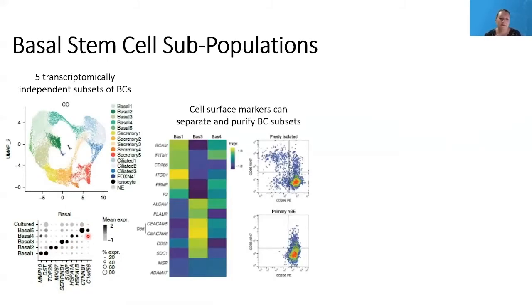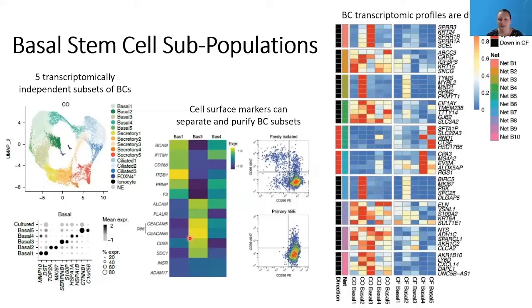And within those subsets, they've also identified cell surface markers that could be used to separate and purify out the basal cells to be able to functionally characterize those basal stem cells. Here is one example where we've used CD66 and CD266 to separate out one of those subpopulations, the basal 1 population, which is the population that is thought to reflect the basal stem cell based on the marker expressions that we know.